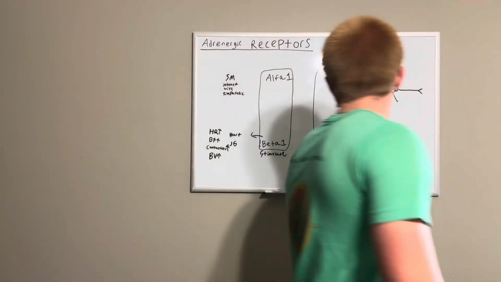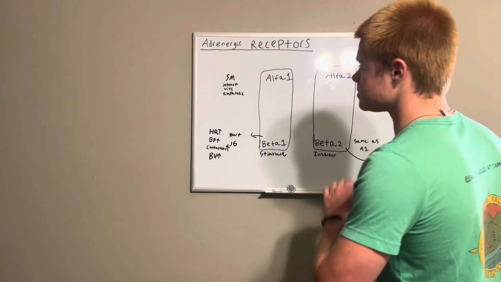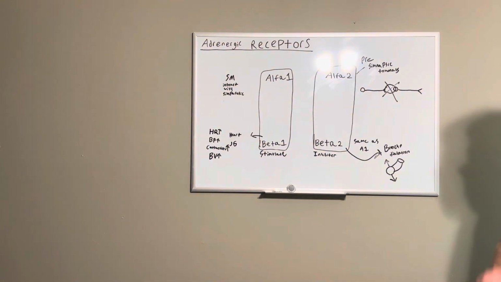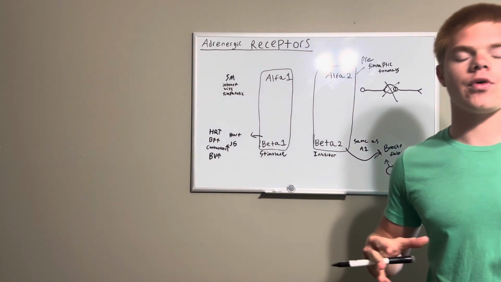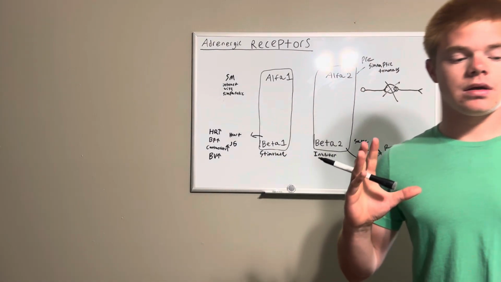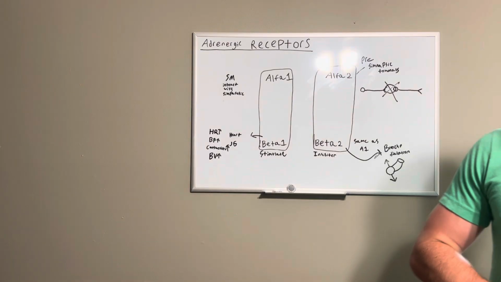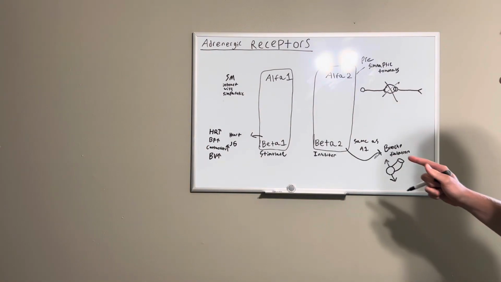All right, now we're on to our last one. Alpha 1. This is found in smooth muscle, any smooth muscle that interacts with the nervous system. This is going to be peripheral blood vasoconstriction, right? So it's going to be the opposite of beta 2.